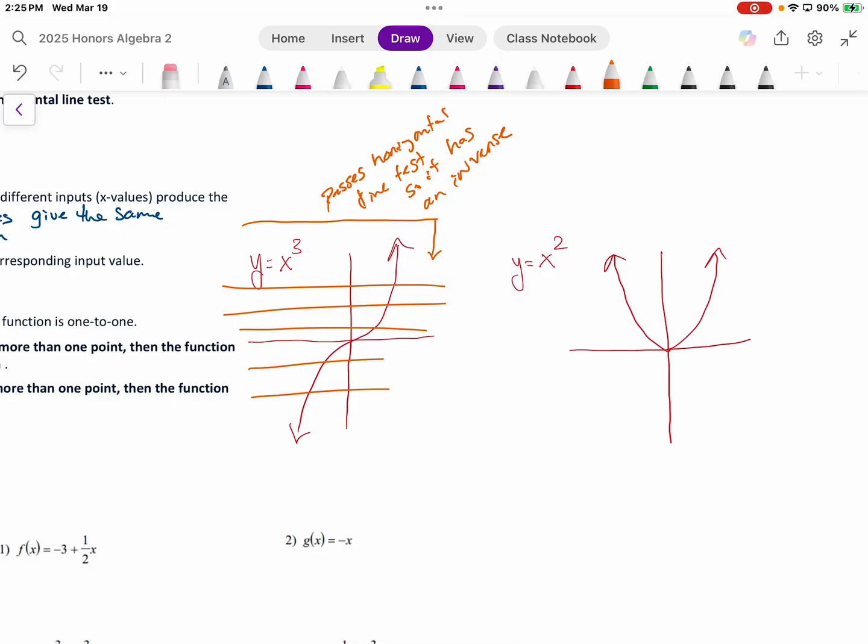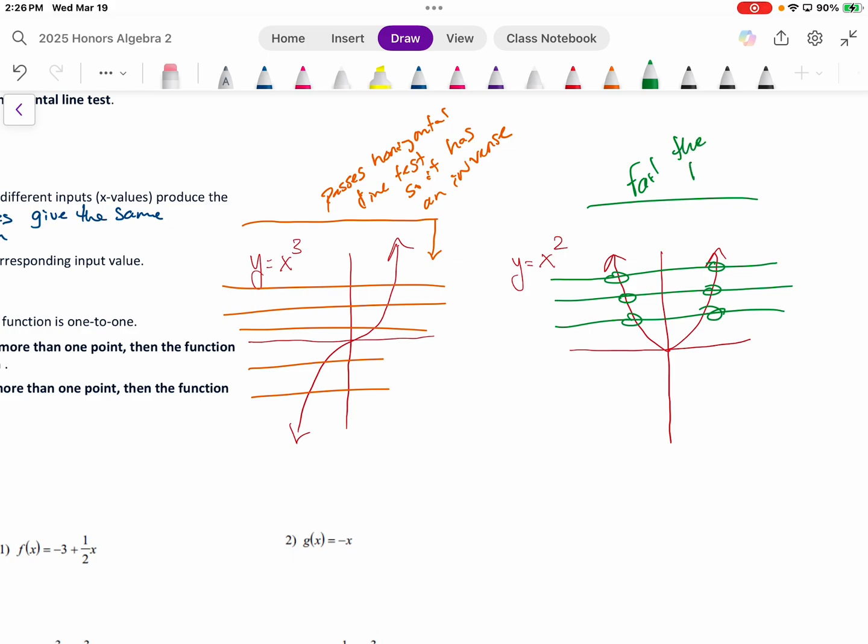Whereas if I do the same thing with the x squared graph and I take a horizontal line and start coming through, I notice that it's touching it more than once. And so we fail the horizontal line test.